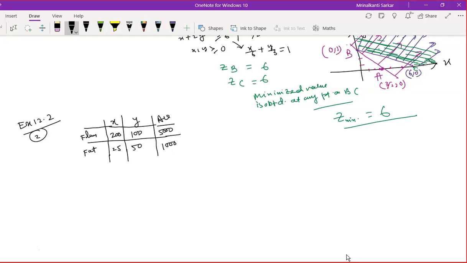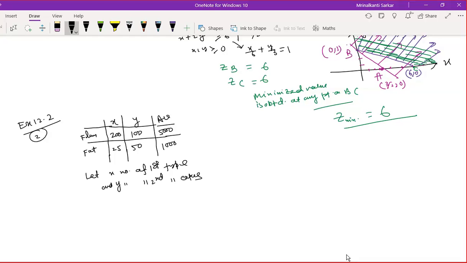Okay, two types of cake being manufactured. Let x number of first type and y number of second type cakes be manufactured.